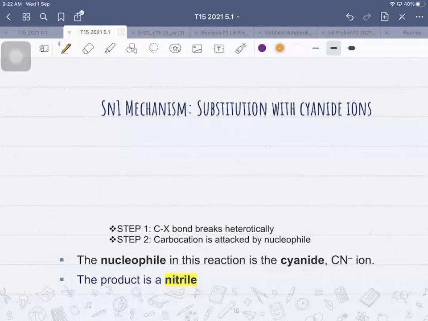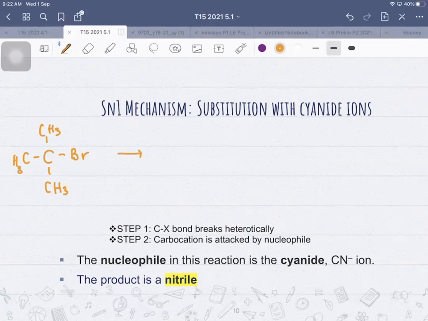And for SN1, we usually use a tertiary halogenoalkane. So I'm just going to use bromine. Is there any specific? No, there's no specific. Okay. SN1 mechanism, the number 1 means that there is only 1 species in the first step, which is the slow step.